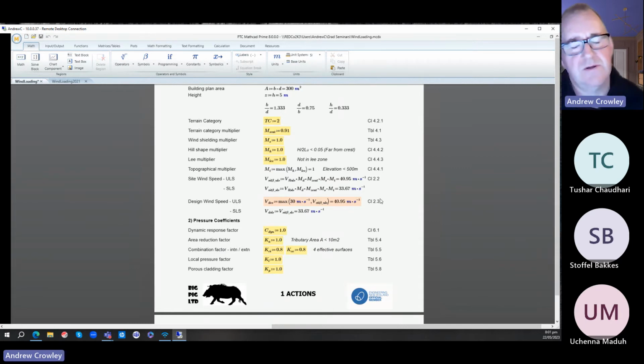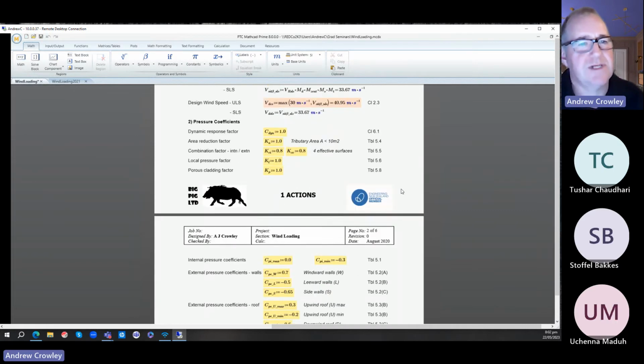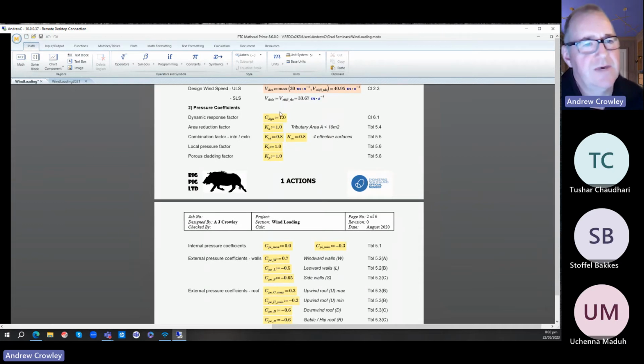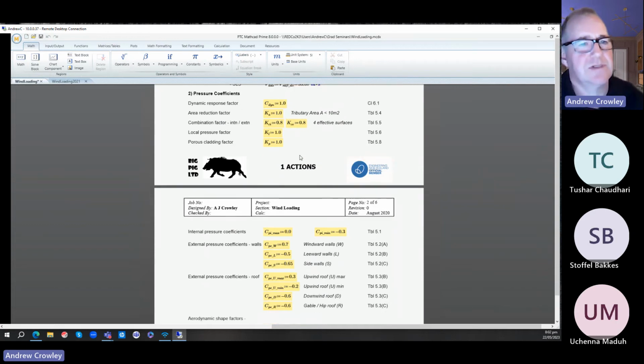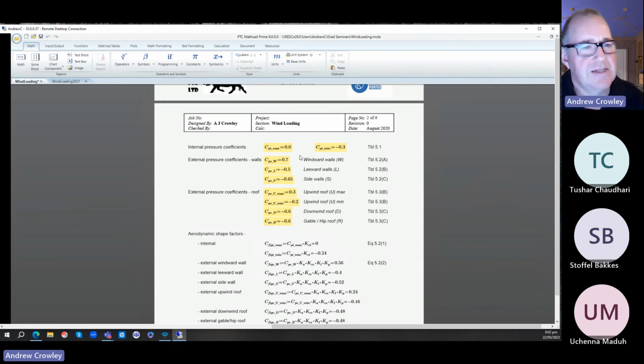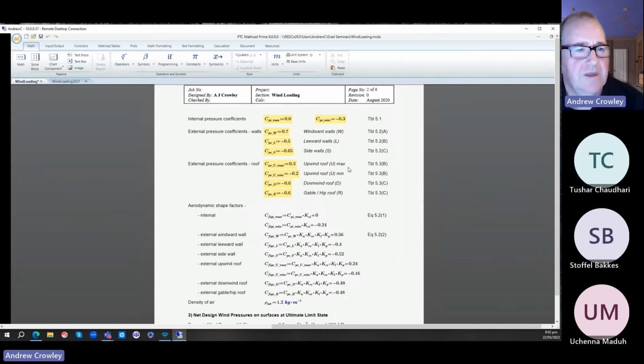There is actually a clause that says your minimum design wind speed is going to be 30 meters per second. It's not usually the case that that dominates either. To derive your pressure coefficient, you add on your combination factors, your area factors, your local pressure factors, and so on. And you derive your external pressure coefficients from tables 5.2 onwards, for windward, leeward side, and so on.